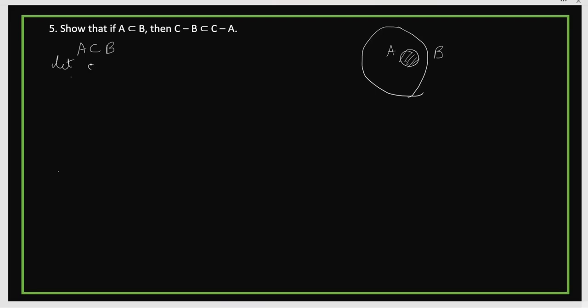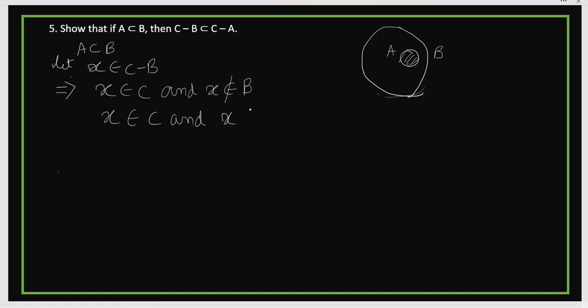So let some arbitrary element X belong to C minus B. That implies X belongs to C and X does not belong to B. X does not belong to B means no element of this is present in X, X is not present in B. That means X belongs to C and X does not belong to A also, because A is inside B. If an element does not belong to B, naturally it does not belong to A also, right?